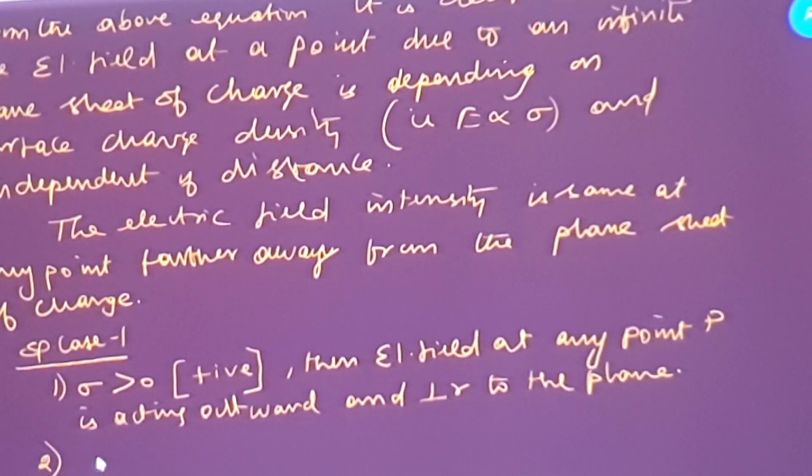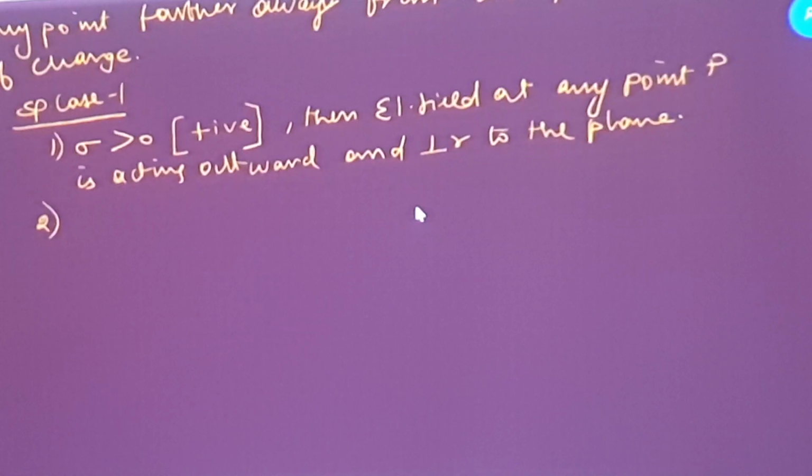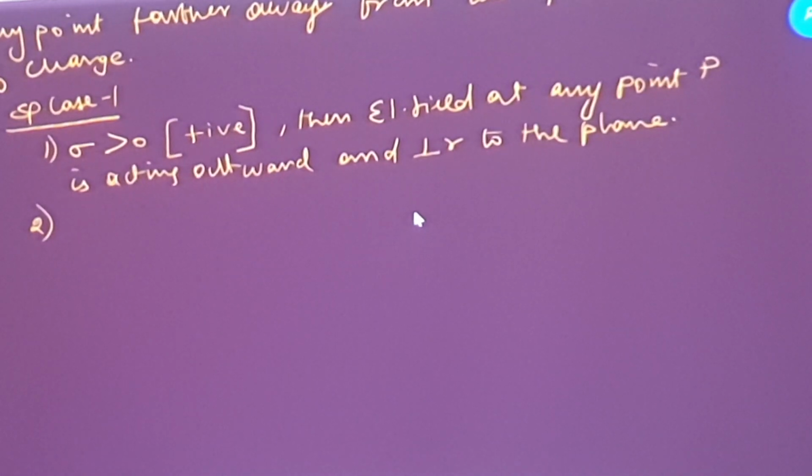Similarly, special case 2, a similar concept by taking sigma less than 0. If surface charge density sigma is less than 0, then the amount of charge available is negative.